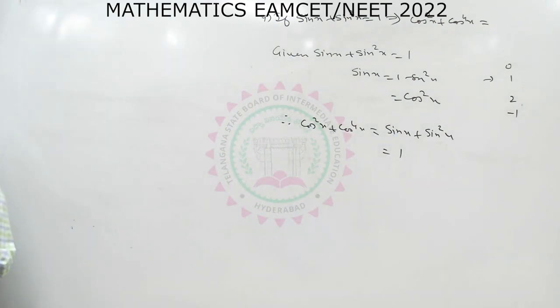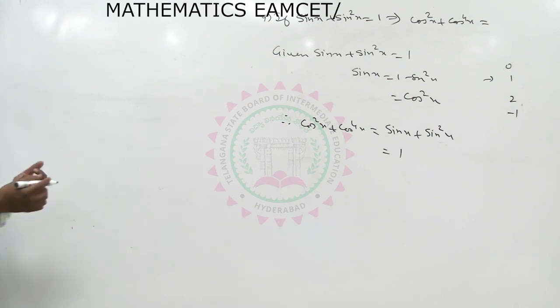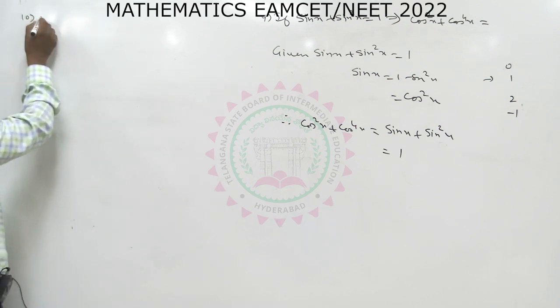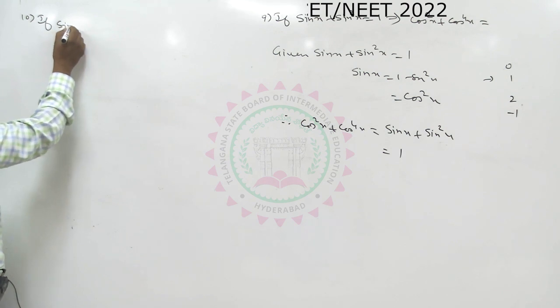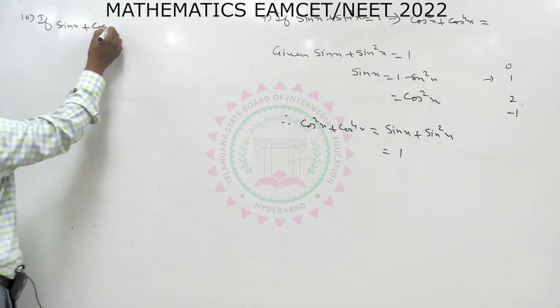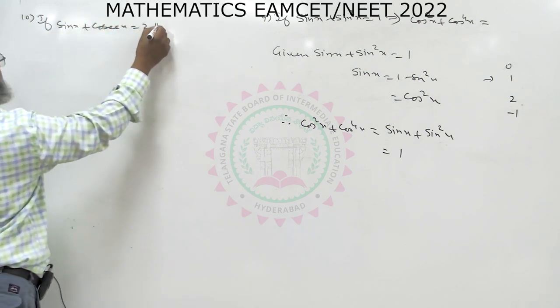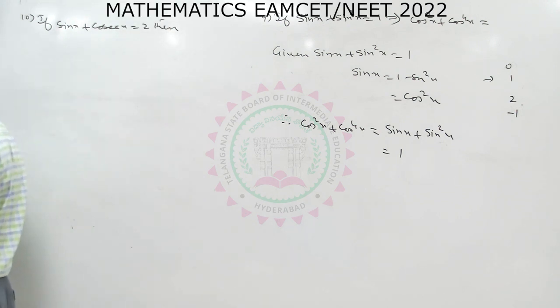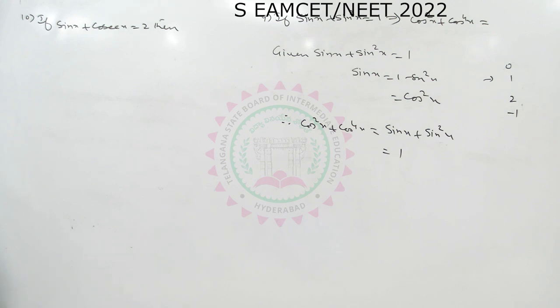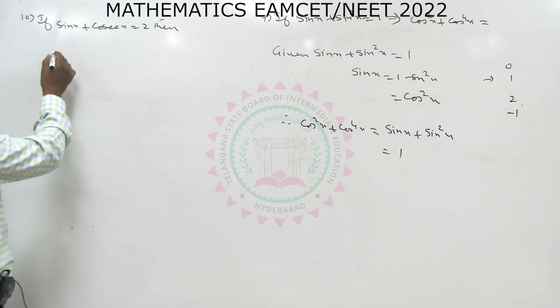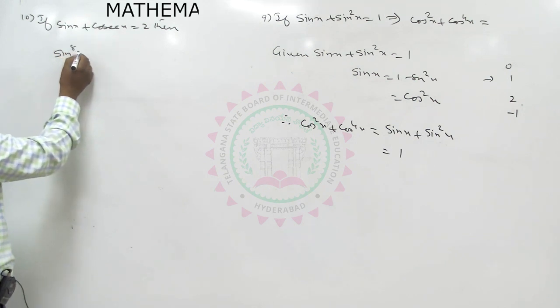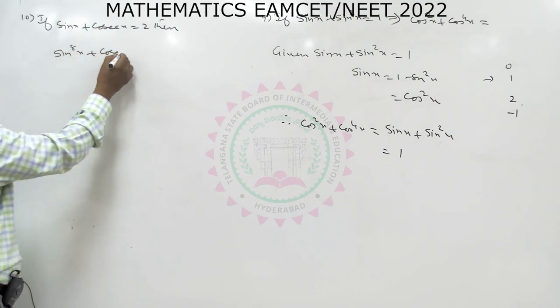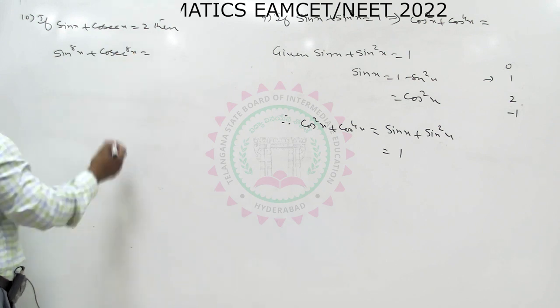Sin x plus cosec x is equal to 2. If sin x plus cosec x is equal to 2, then sin power of 8x plus cosec power of 8x is equal to what?